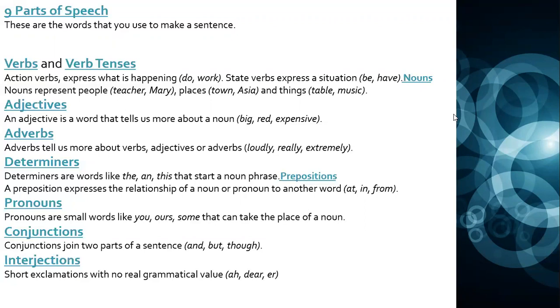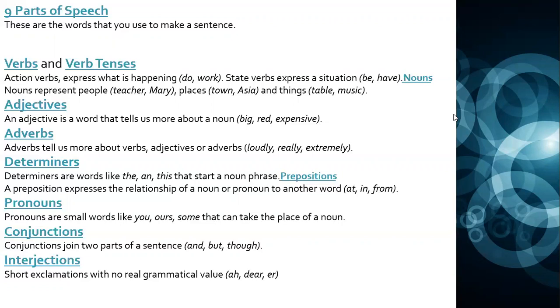I'm from the city. Pronouns. Pronouns are small words like you, ours, and some that can take the place of the noun. So you can take the noun out and say our red, expensive table, right?